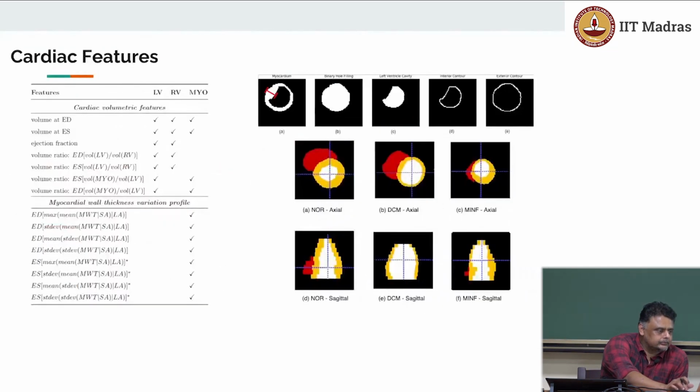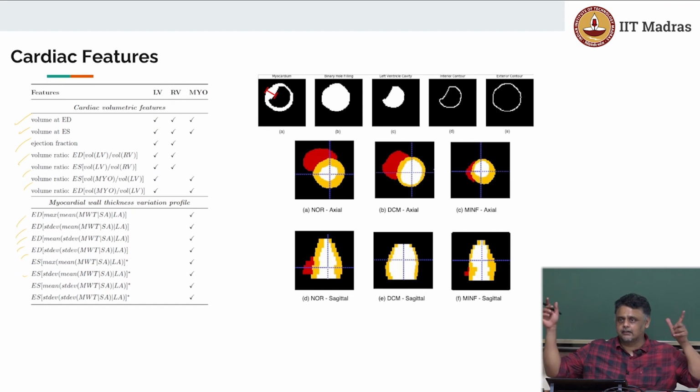Here. So instead of sunny, temperature, wind, etc., you have volume at ED, volume at ES, ejection fraction. These are all numbers. So instead of 4 categorical variables, you have about 12 or 14 numbers here. So that's your feature set.